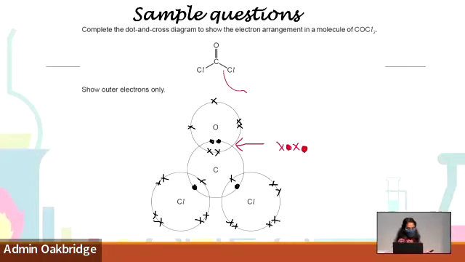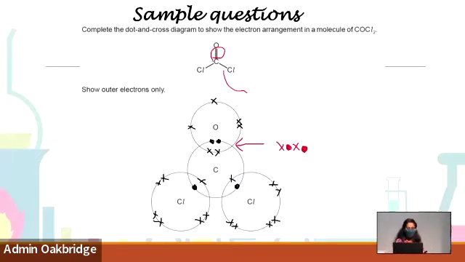So if you can see, there's a double bond over here, a double bond over here, and single bonds. 2 lines which connect one atom to another atom indicate a double bond. 1 line will indicate a single bond, right?